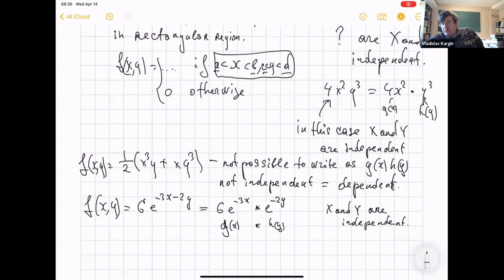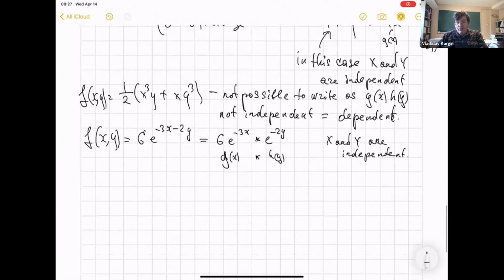Now, it's possible to go the other way around. Actually it's used very often the other way around. You have a model in which several random variables are independent. You have some intuition that they must be independent. So you can write down the joint density for these random variables, and after that do something with this joint density, calculate the density of some function of these random variables and so on. And how is it done?